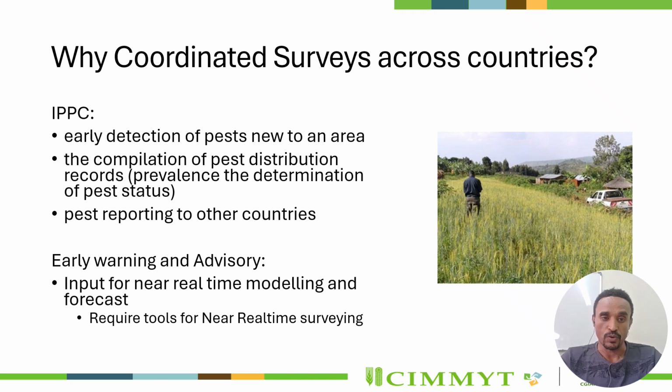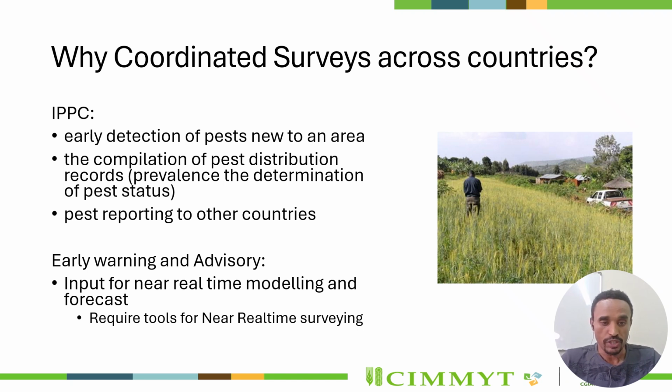So on the first one, on the early detection, for instance, we target areas where there is no wheat blast, but we do cautionary surveillance to see if we are able to detect blast.